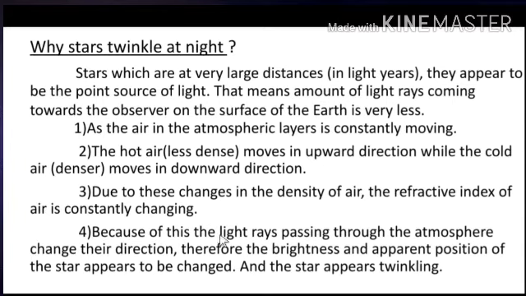Because of this, the light rays passing through the atmosphere change their direction. At the time when more light rays reach the eyes of the observer, the star appears brighter, and when fewer light rays reach the observer's eyes, it becomes less bright. Therefore, the star appears twinkling.